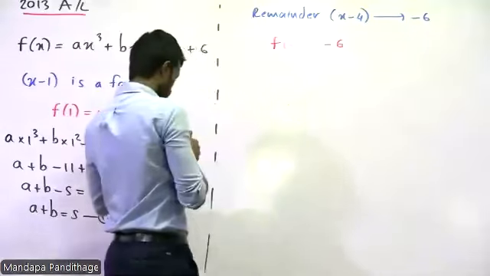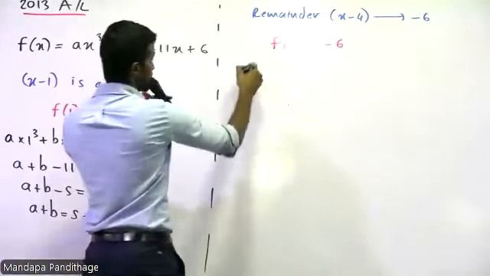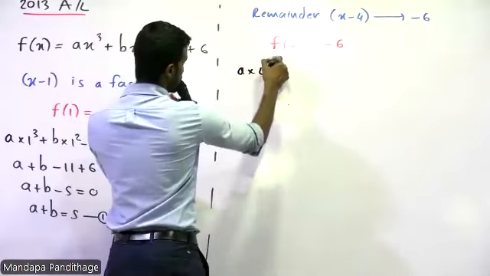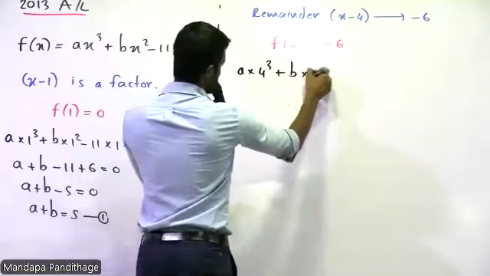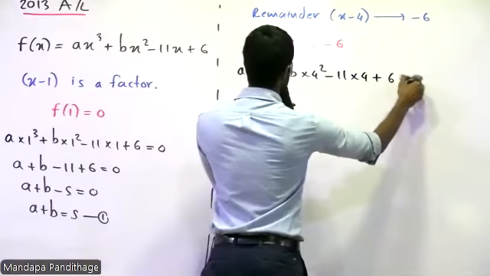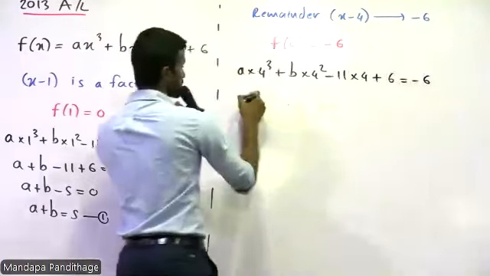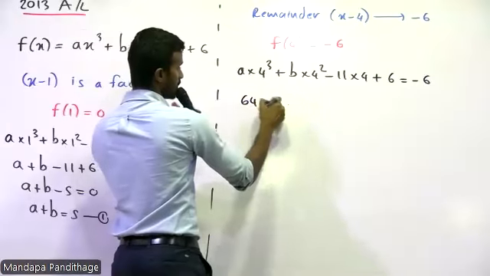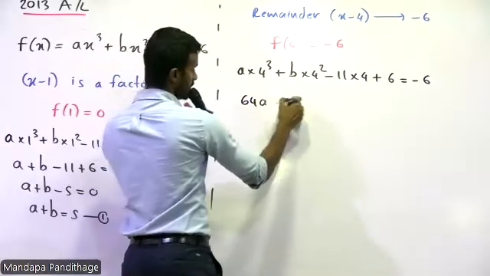Okay. So if you simplify f(4), it's a into 4 cube plus b into 4 squared minus 11 into 4 plus 6 is equal to minus 6. It's 64a plus 16b minus 44 plus 6 is equal to minus 6.